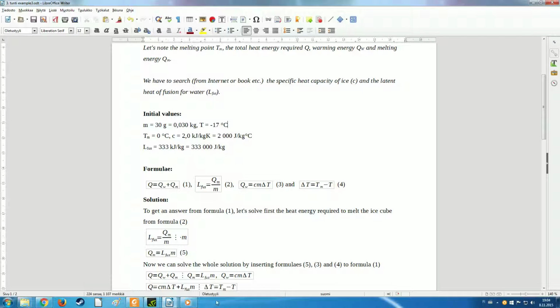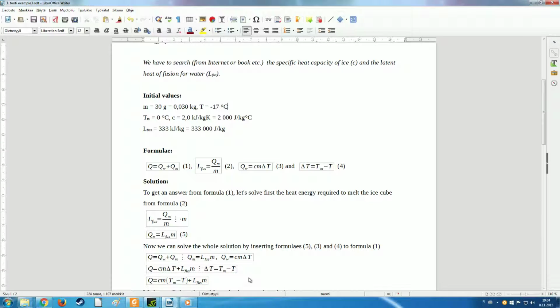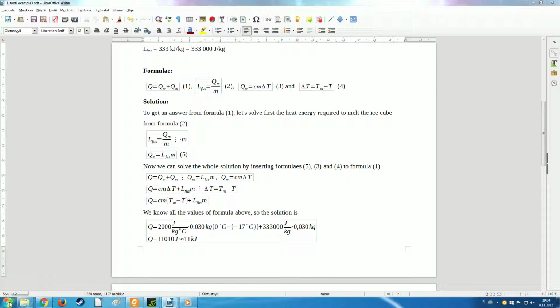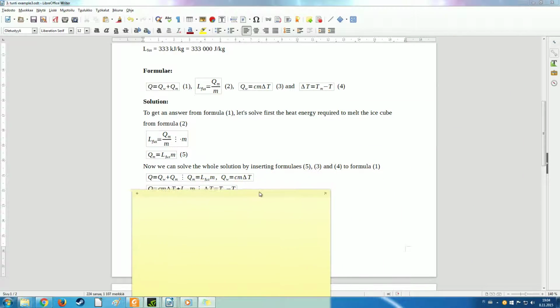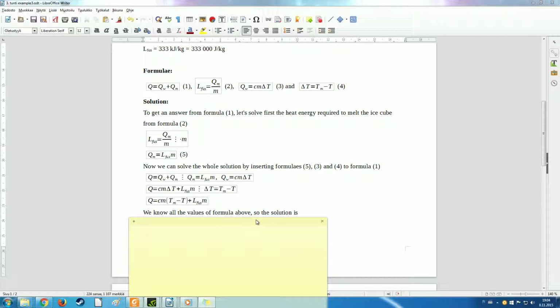Then I put in the equation also that delta T is T_m minus T. Then I got this whole equation, in which I know all the values, so I put in the values and calculated it.